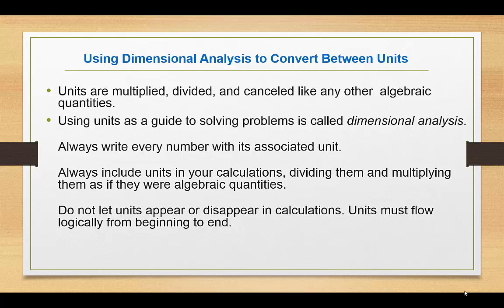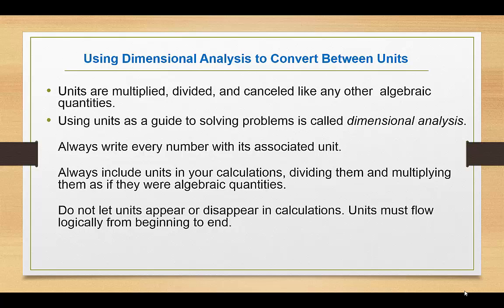Something a lot of chemistry students try to do that gets them into trouble is they try to set up a dimensional analysis with just the numbers. They leave the units out. Always, always, always include units in your calculation. Not just in the final answer, but within the calculation. Divide them and multiply them as if they were part of the algebraic equation, as if they were true values, because they are.